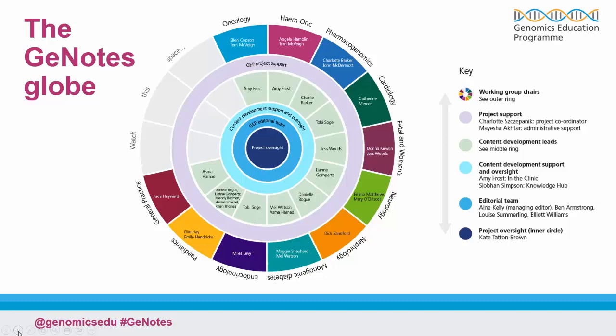In the case of paediatrics, we have Ellie and Hay and Emil Hendricks as our chairs, and they really coordinate the activities of the working group. And then underneath that, the inner layers of the globe here are all the various teams at JEP providing support with the content development in various ways. And the thing that's missing from this diagram is a satellite around the outside, which is our wonderful comms team, who are really helpful in helping us get the word out about GeNotes and promoting its use.